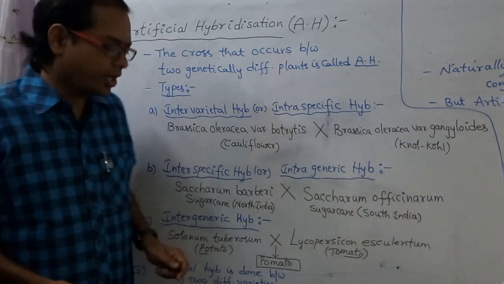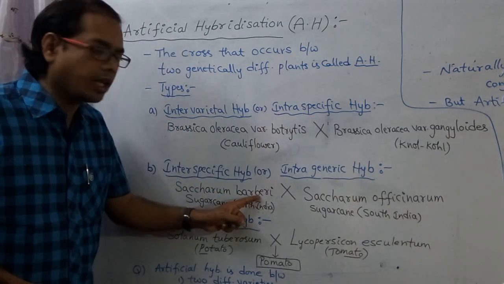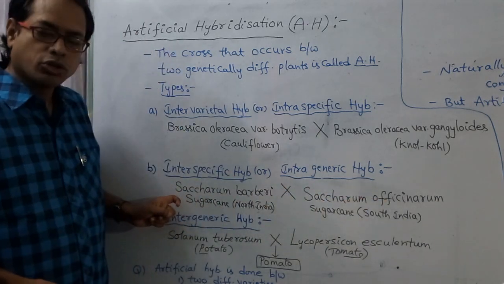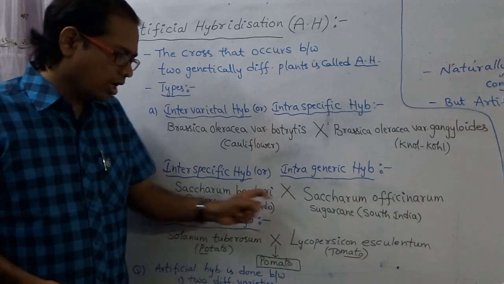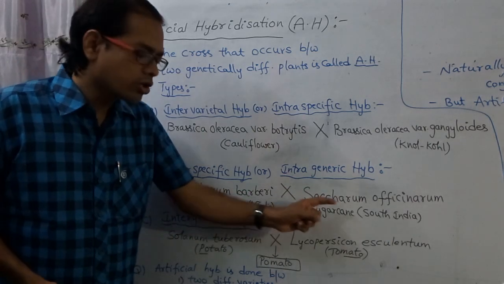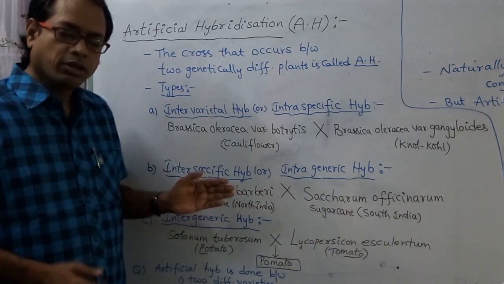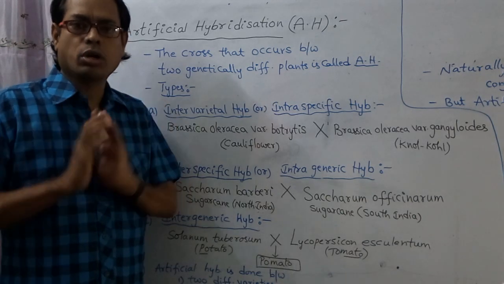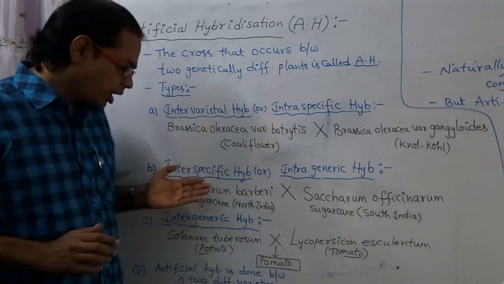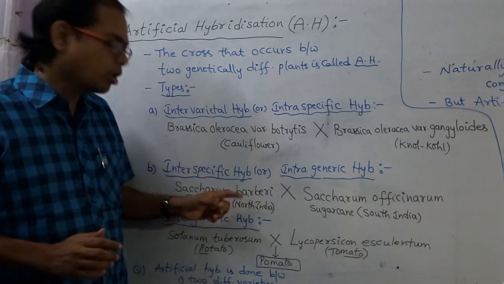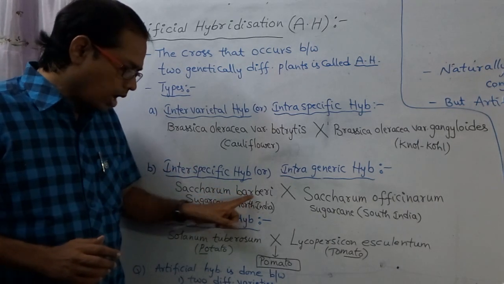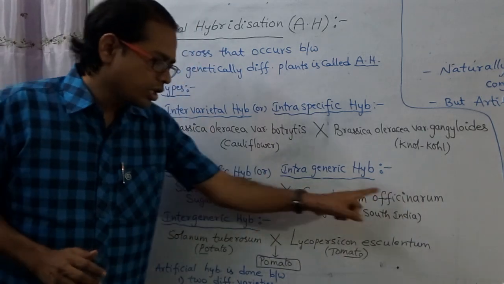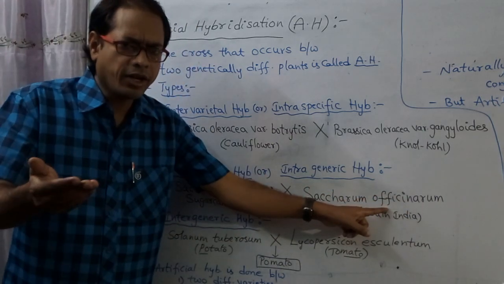Intrageneric hybridization. Saccharum barberi, Saccharum officinarum. This is sugarcane of North India and this is sugarcane of South India. See what I said? Look at the last two components. Here two components are present. So see the last one, barberi, officinarum. Species, species. Same or different?